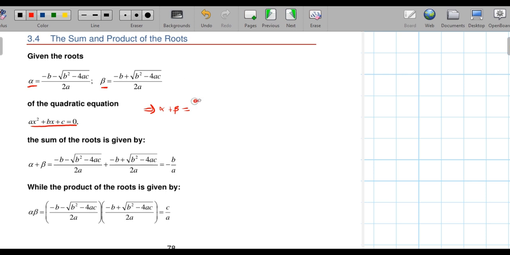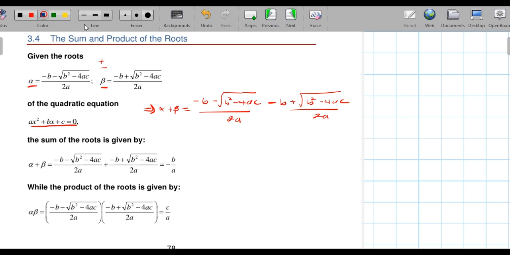So you have minus b minus square root of b squared minus 4ac divided by 2a, and this is minus b plus square root of b squared minus 4ac divided by 2a. Don't be confused, we have plus and minus, so splitting the minus here and the plus here is what we have.